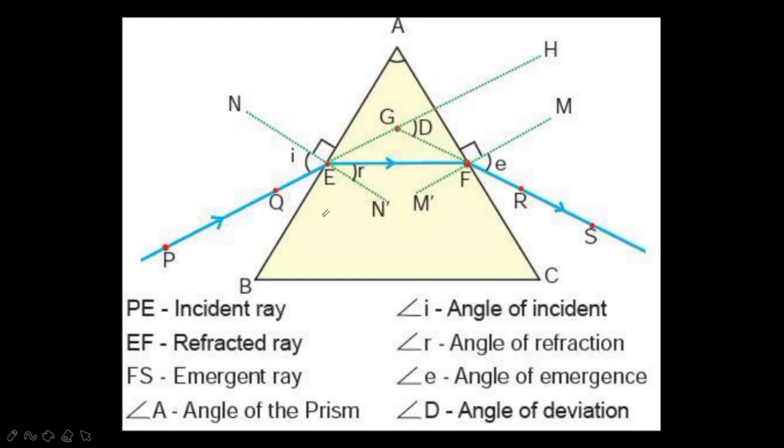Okay, then we will move to the next topic by using this idea, that is dispersion of white light by a glass prism. So what is our topic? Our topic is dispersion of white light by a glass prism. To do this activity, what do we need?